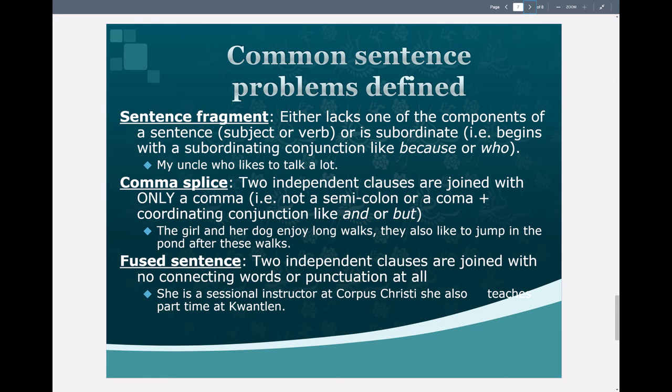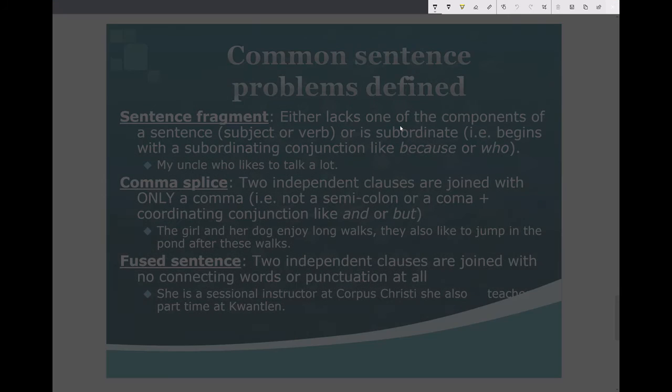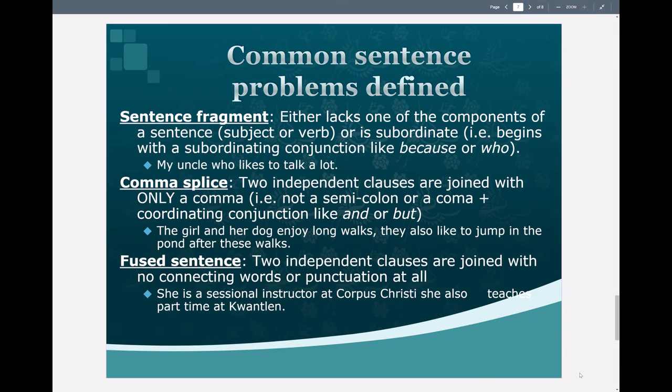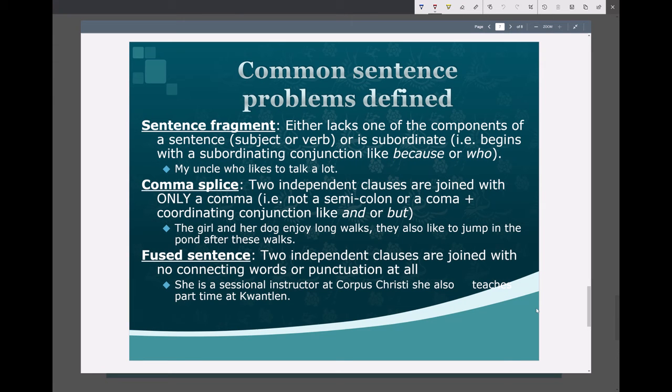So the example we see here, here's the example. My uncle who likes to talk a lot. So we do have a subject, we do have a verb, but the verb has a subordinate conjunction before it.